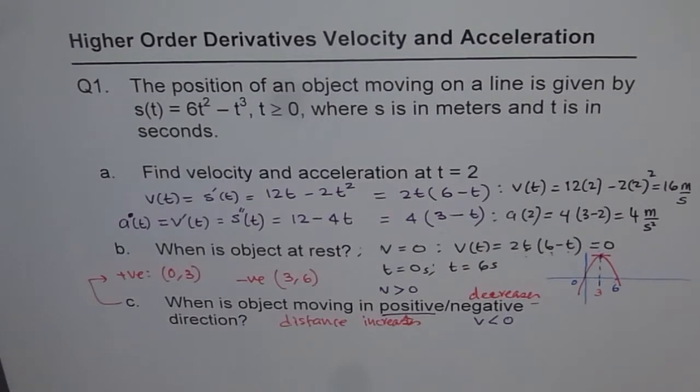It also indicates a turning point. When you turn, at that time there is no movement. But before and after the turning point, the object could be moving in the positive or negative direction. Positive direction means displacement is increasing, negative direction means displacement is decreasing. Positive direction means velocity is positive, negative direction means velocity is negative. That is how these things are related. I think the concepts are clear. Let's move on to the next question.